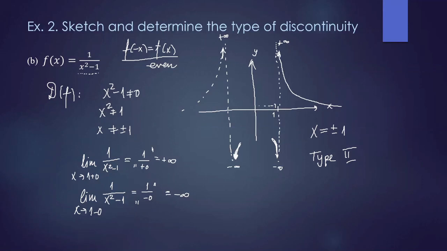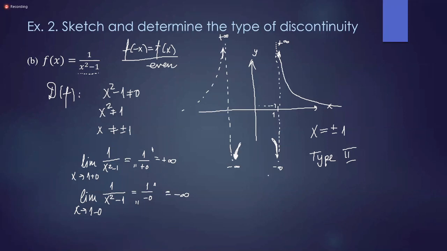From the right-hand side, x squared is a little bit greater than 1. From the left-hand side, x squared is a little bit less than 1. Hence, 1 divided by positive 0 or by negative 0. But when x tends to negative 1, from the inside, x squared is a little bit less than 1.